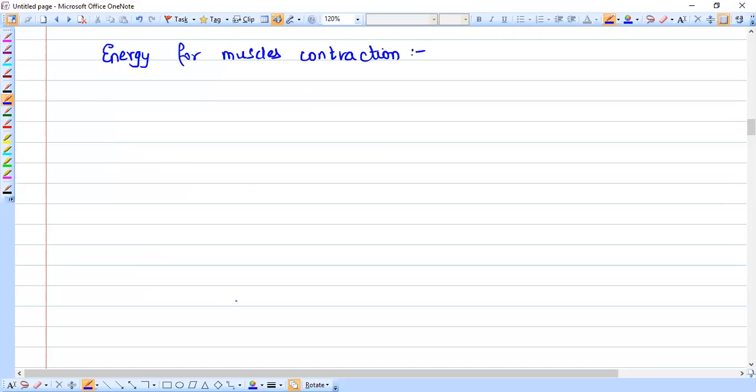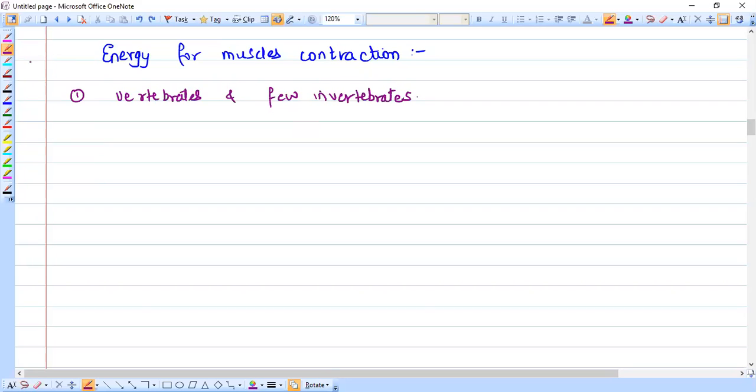Energy for muscle contraction: we have two options. In vertebrates and in a few invertebrates, you see this kind of mechanism for getting energy.